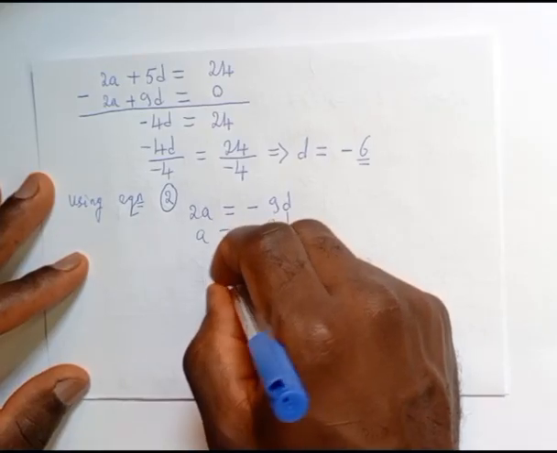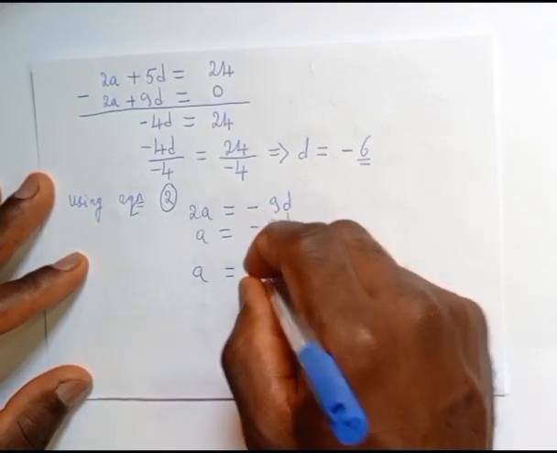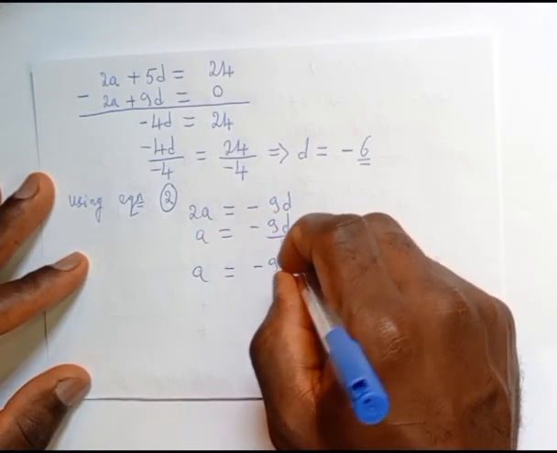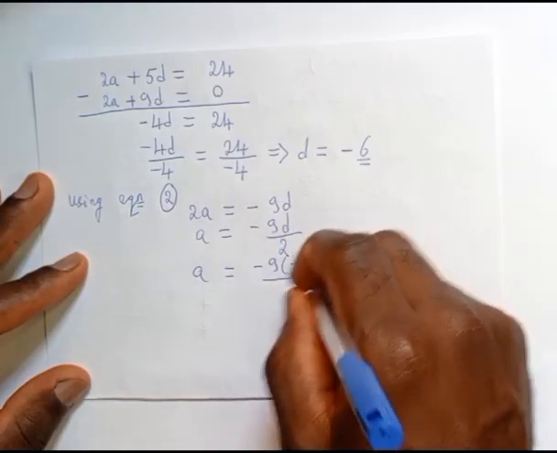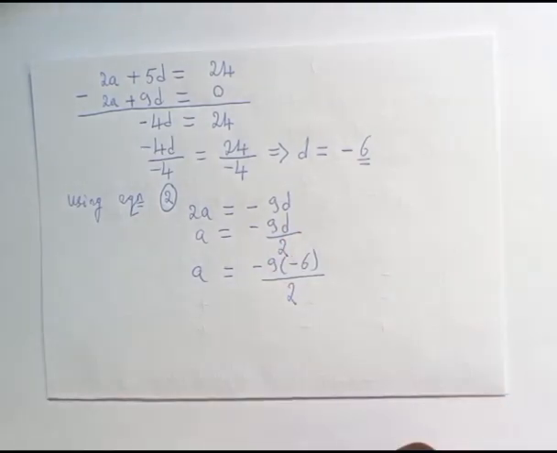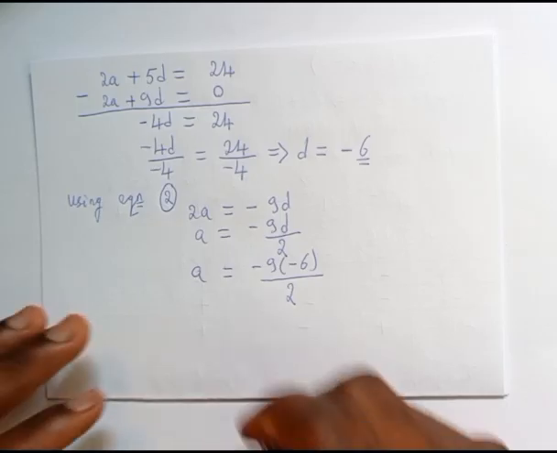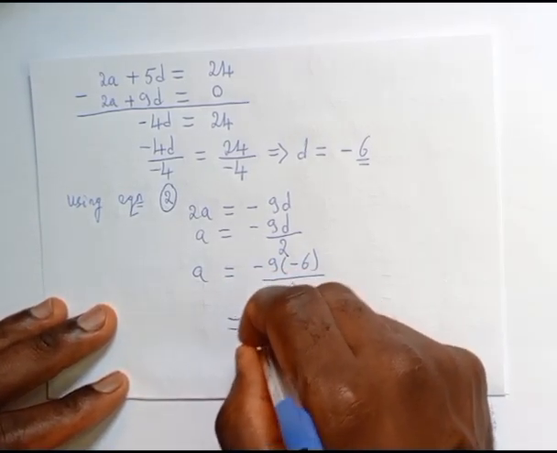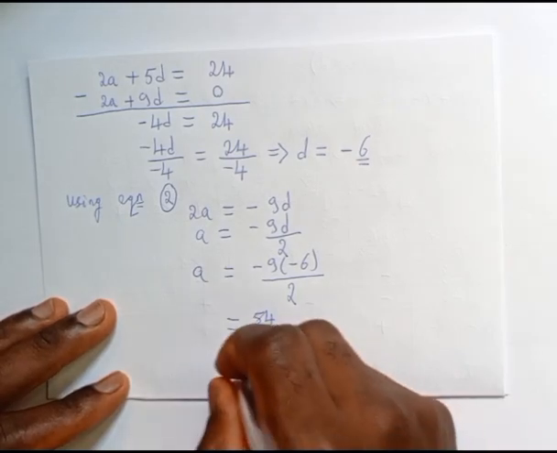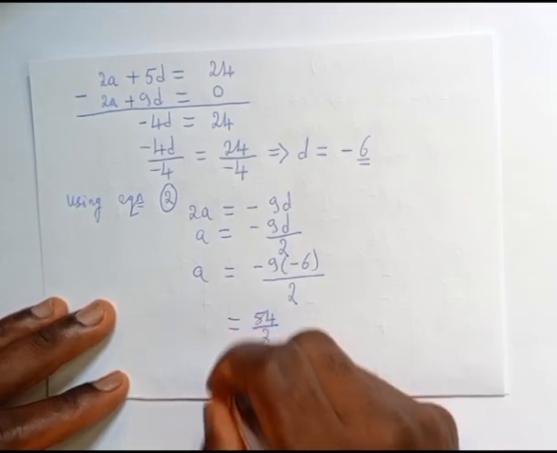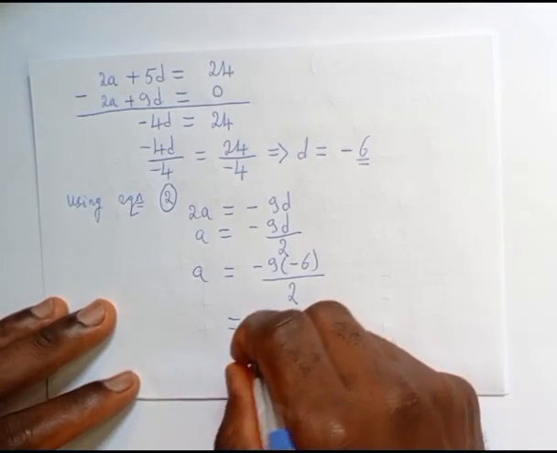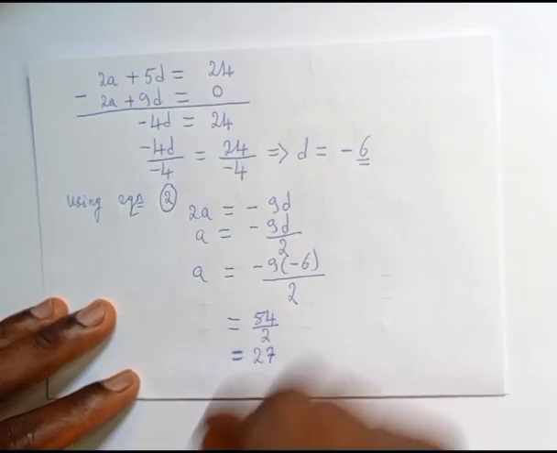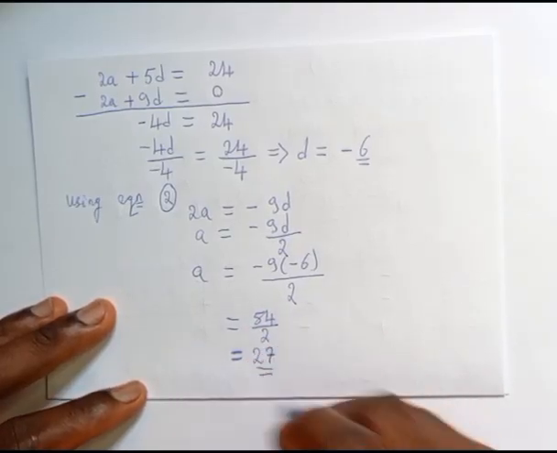This will give us a equal to negative 9 times d, which is negative 6, then we divide by 2. Negative 9 times negative 6 gives us positive 54. We divide positive 54 by 2. It gives us 27. This is the value of a.